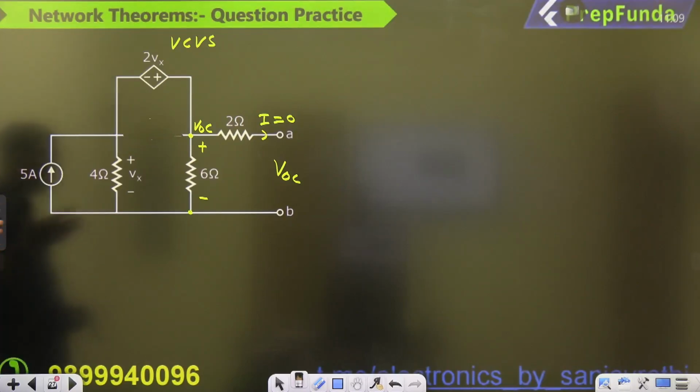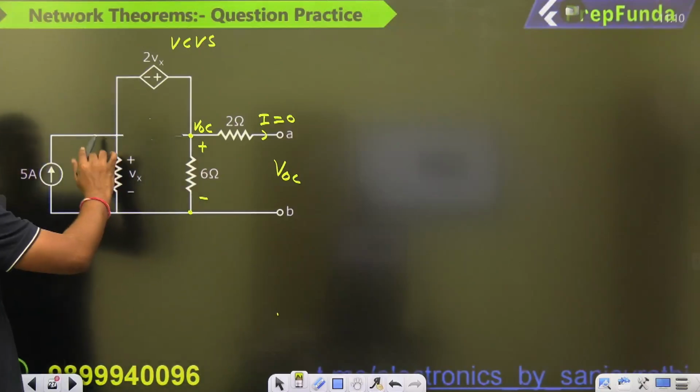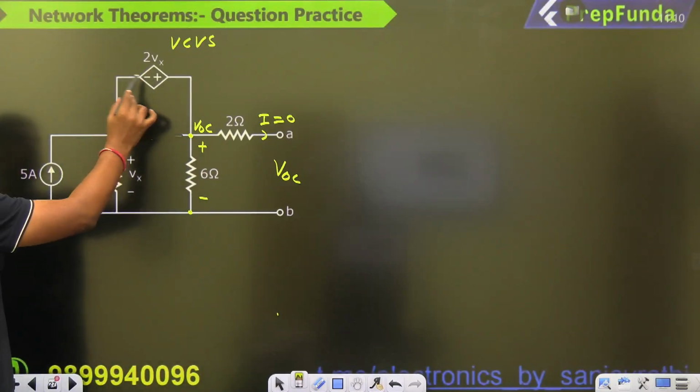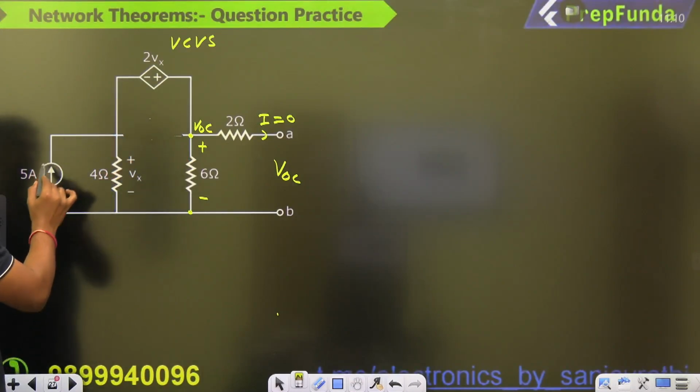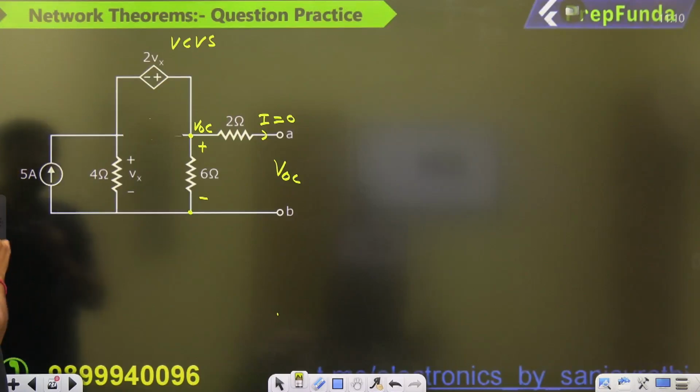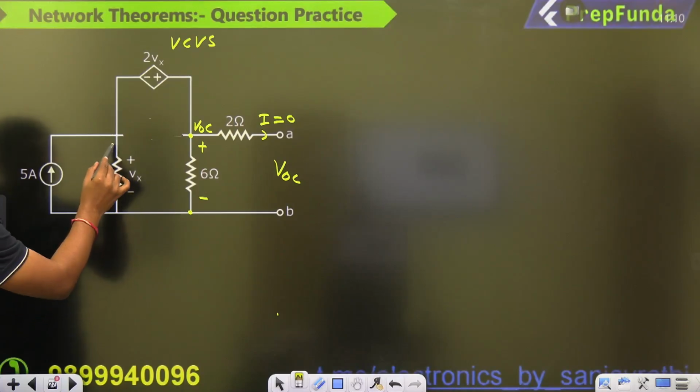Now, how can we find the VOC? Watch it carefully. This is the Vx, this is the 2Vx. From this point to this point, this is the 5 ampere current source. Now, if it is a 5 ampere current source, what is the current in this loop? You can directly say the current in this loop is Vx by 4, because that voltage is Vx.